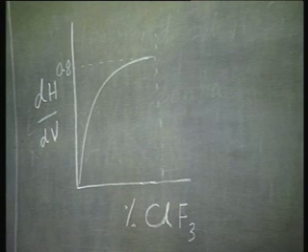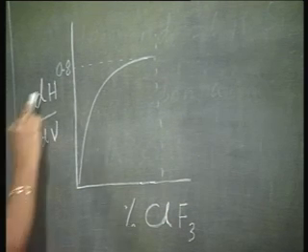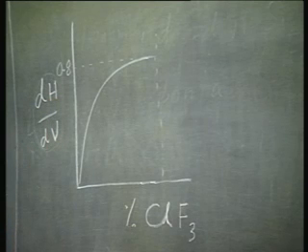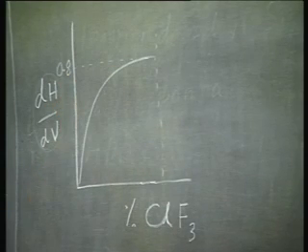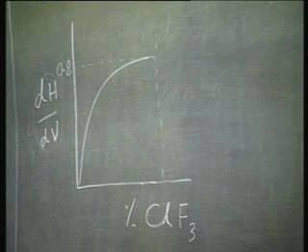So, as I keep on increasing the percentage of chlorine, the ratio of dH/dV approaches 1, about 0.8. That is, here I have more or less isotropic profile.